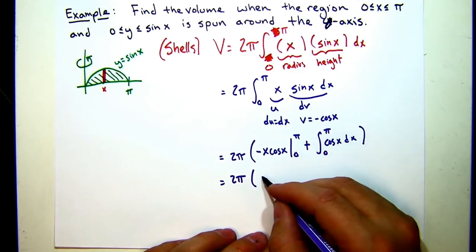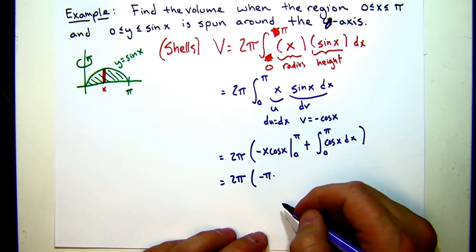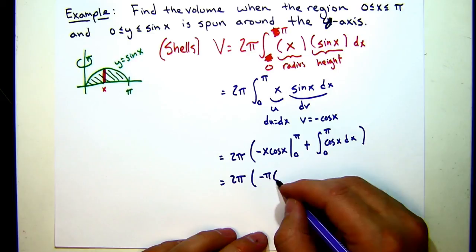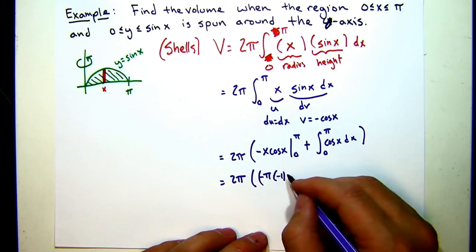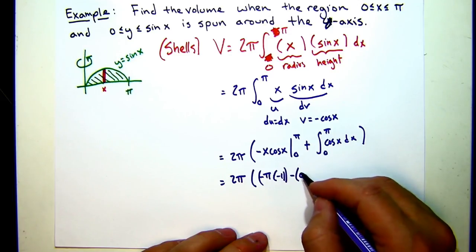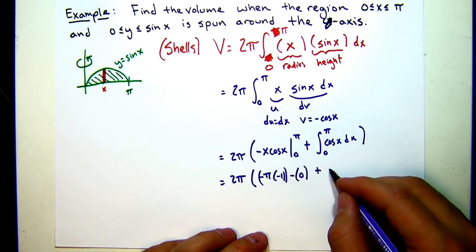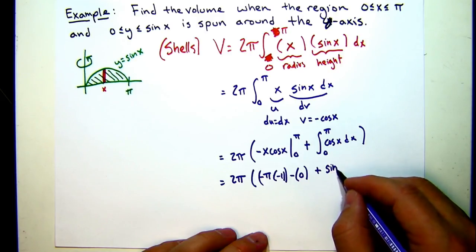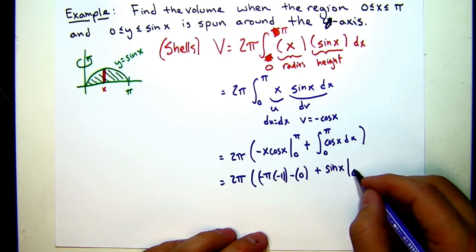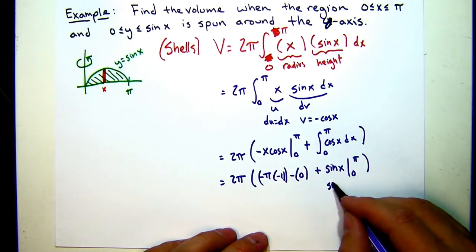Okay, so we have 2 pi. Now here I can evaluate. So I plug this in, I get minus pi times cosine of pi, which is minus 1. Subtract, plug in 0, I get 0, plus integral of cosine is sine, and I'm going to evaluate from 0 to pi.